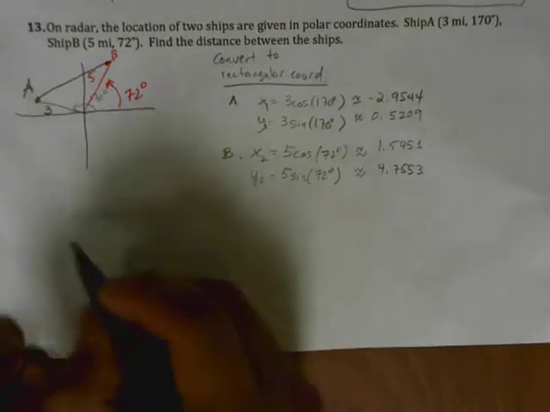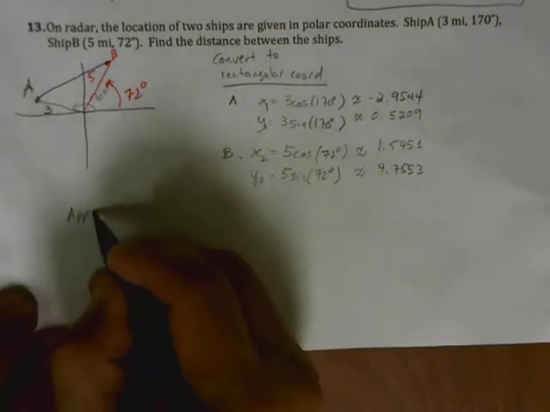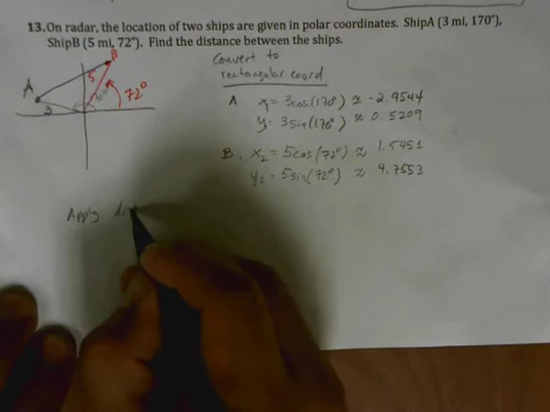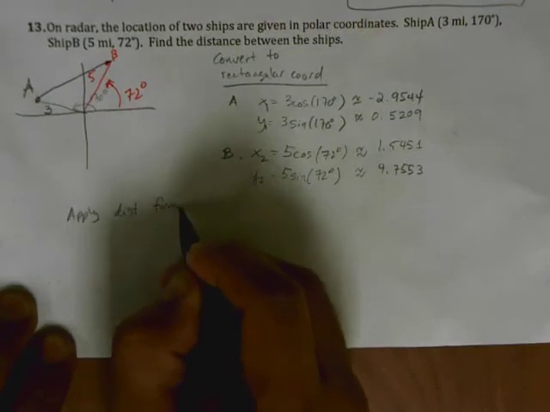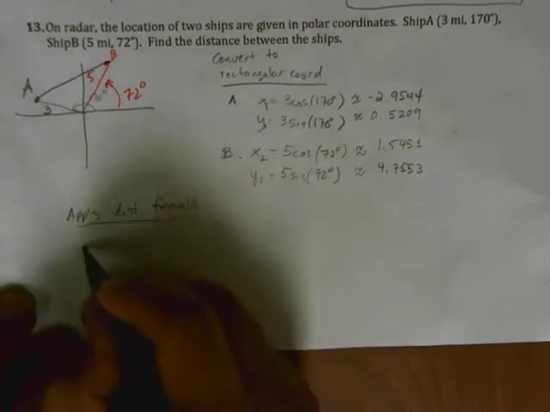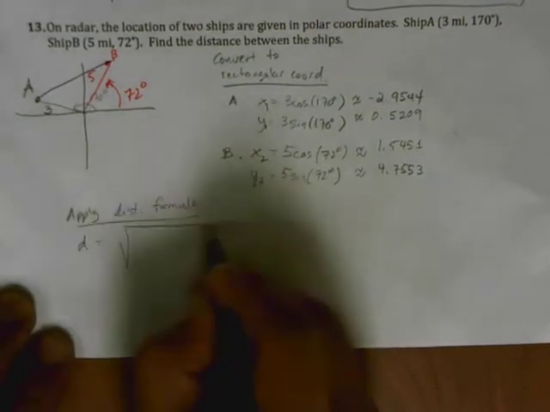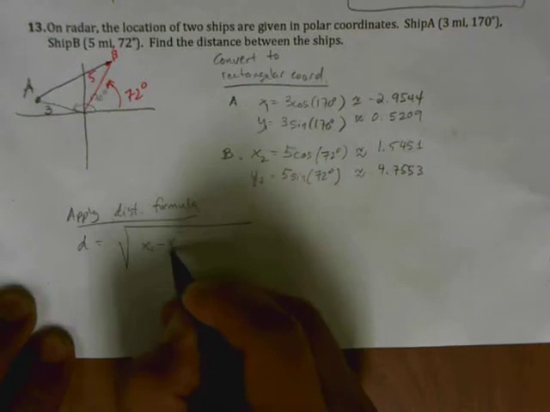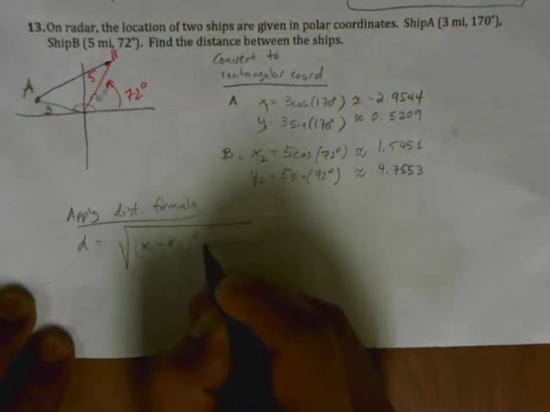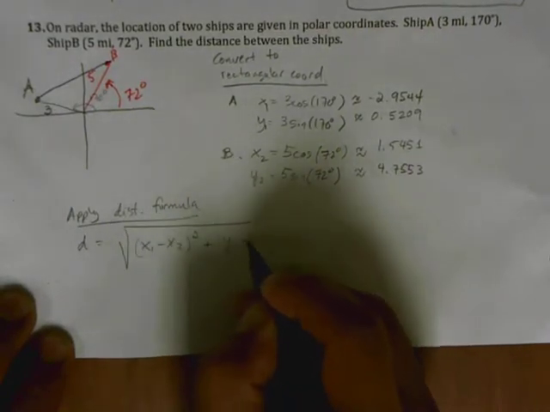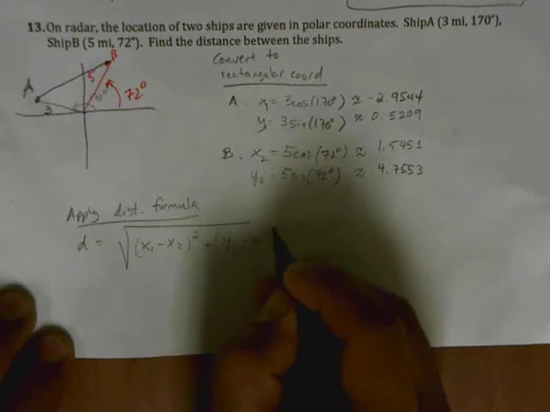And then I can apply the distance formula, which may have been a while for some of you, but it is d is the square root of x1 minus x2 squared plus y1 minus y2 squared.